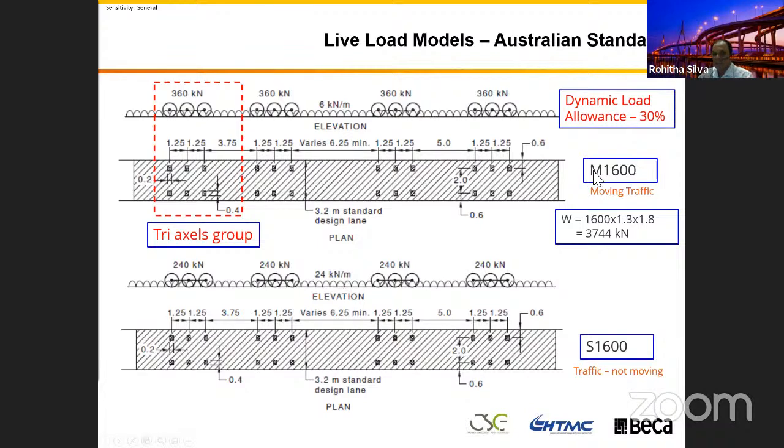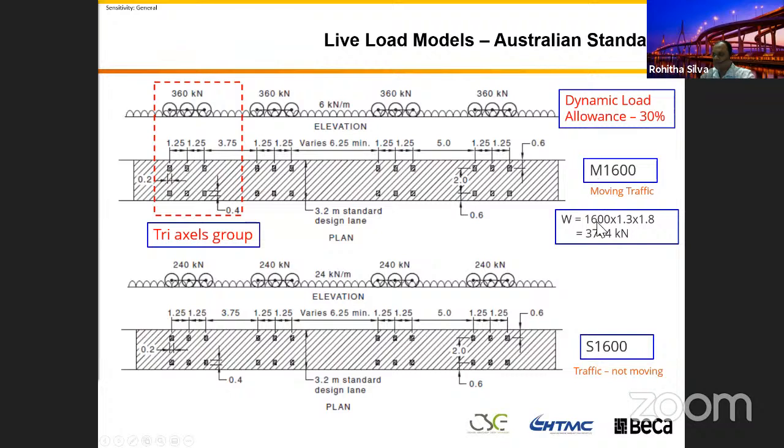M is moving, 1600, defined as 25 meter approximately, the weight is that one to represent. And this one, we increase this static load in the model to represent the dynamic effect by 30%, right?